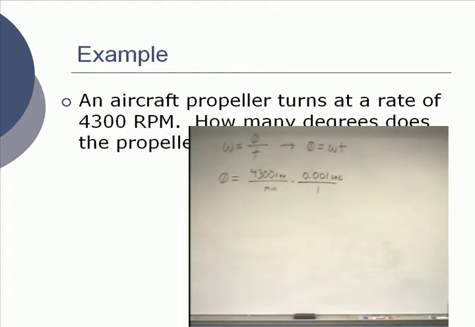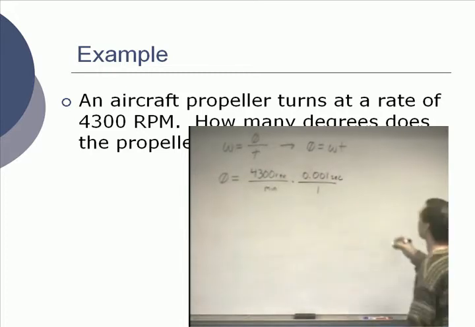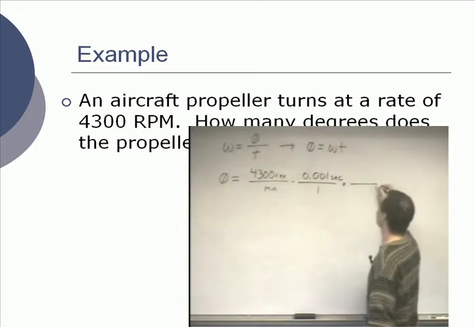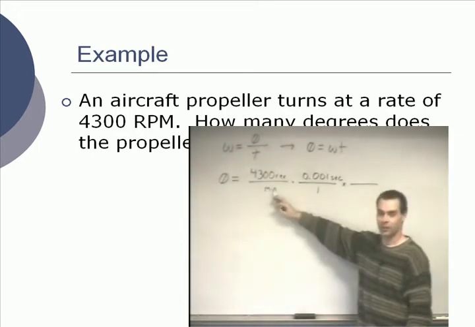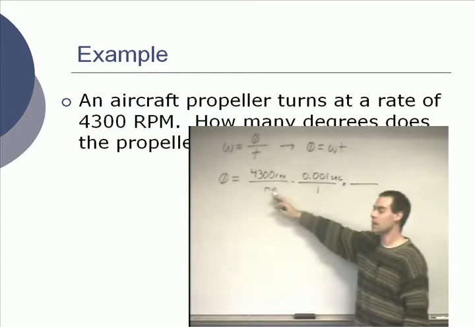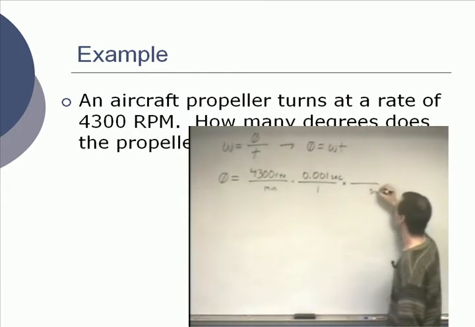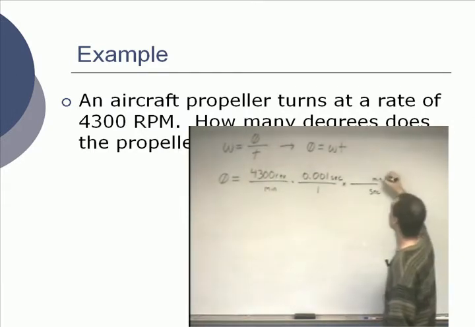That's our time. But the problem is what? If we just multiply those two together, units are a mess. We've got to make the units jive. First of all, seconds and minutes don't cancel. So put a conversion factor in there that'll make them cancel. Let's put seconds down here and minutes up there. 1 minute is 60 seconds.